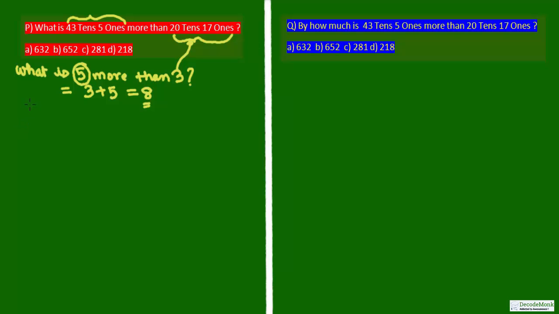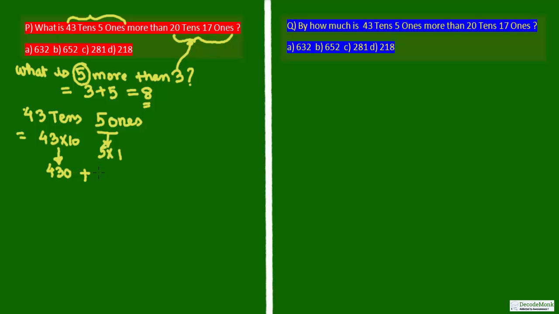So first of all, let me convert these numbers from somewhat cryptic form. 43 tens and 5 ones can be written as 43 tens means 43 into 10, that is 430, and 5 ones can be written as 5 into 1, that is 5.